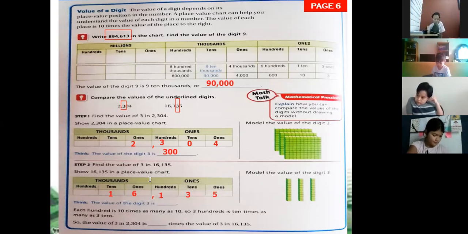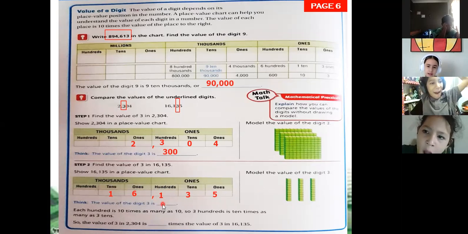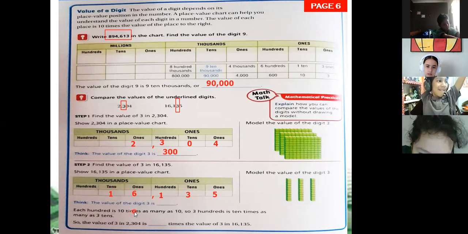If you notice, we represent the number in the chart: 16,000, and 135. Excellent.